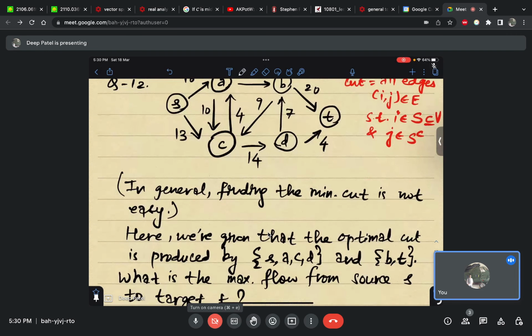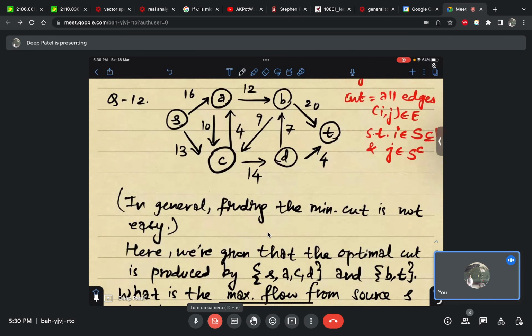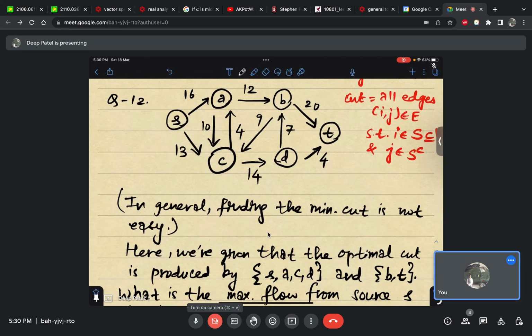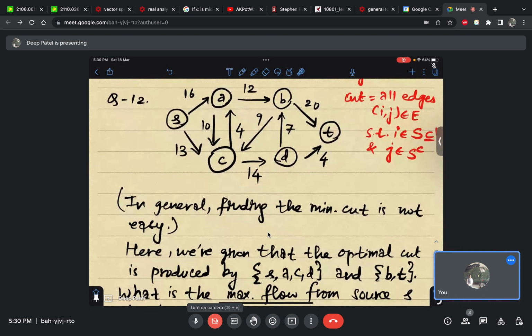Yeah. It will probably be difficult to check, but here we are just given it for the sake of illustration. So what we are doing is we are separating this set of vertices from the remaining set S, A, C, D. I hope you are able to see my pointer. Yeah, it's visible now. So basically we split the vertices into these two parts.